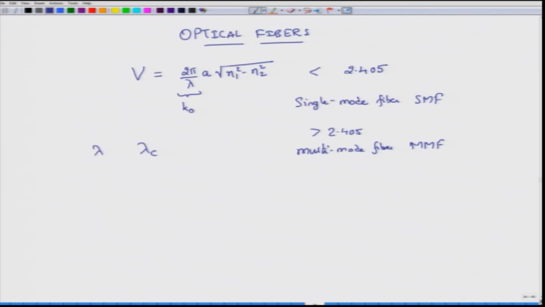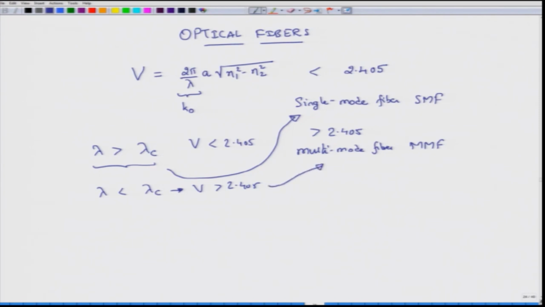If the wavelength lambda is greater than lambda c, and for which V is less than 2.405, then over this wavelength region the fiber will be single moded, or it will be a single mode fiber. However, when lambda becomes less than lambda c, V automatically becomes greater than 2.405. This causes the value of V to increase, and if V increases beyond 2.405, then this fiber becomes a multi-mode fiber.